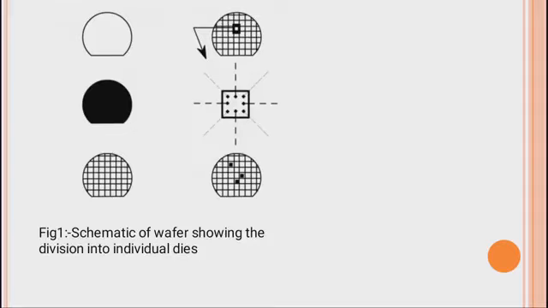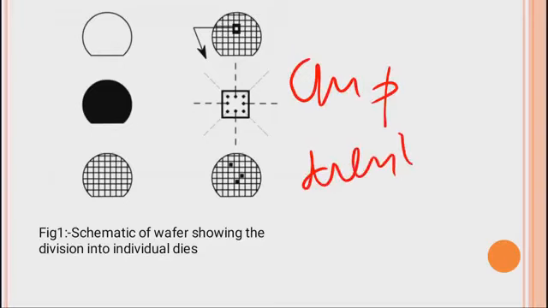Some common wafer terminologies are chip or die, device, then circuits. These are the common terms used in wafer terminology.